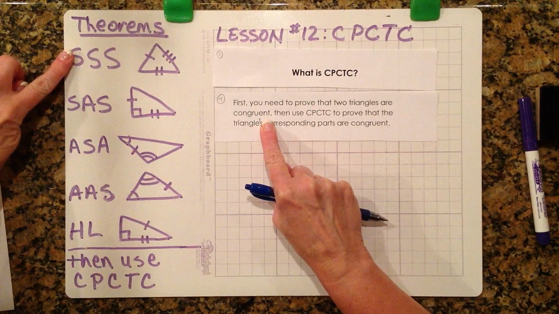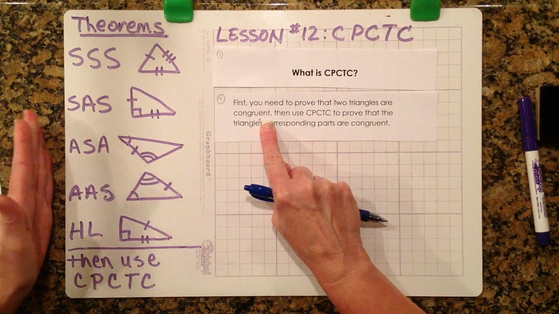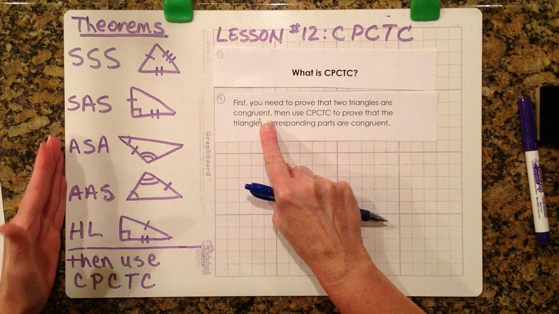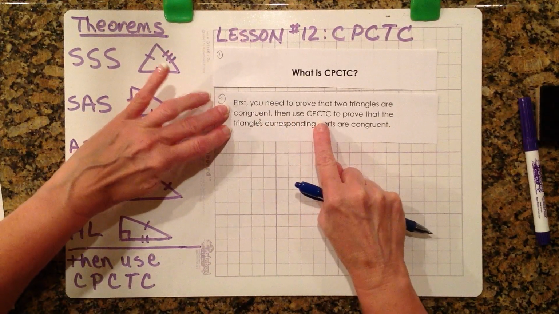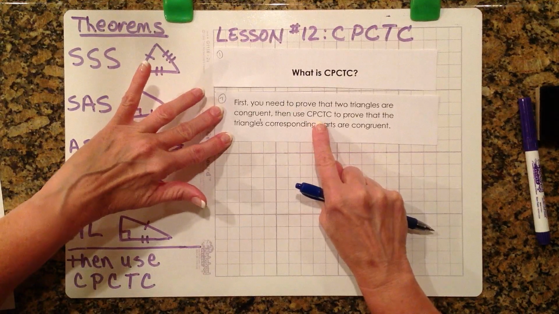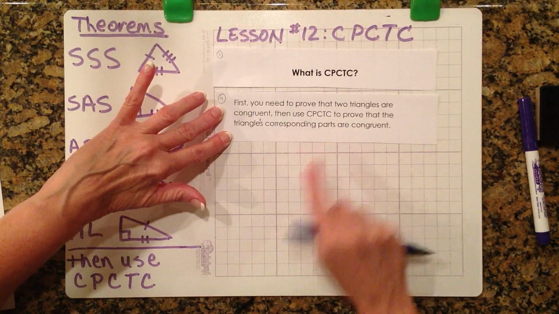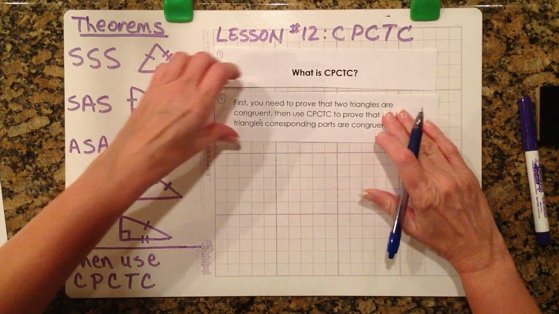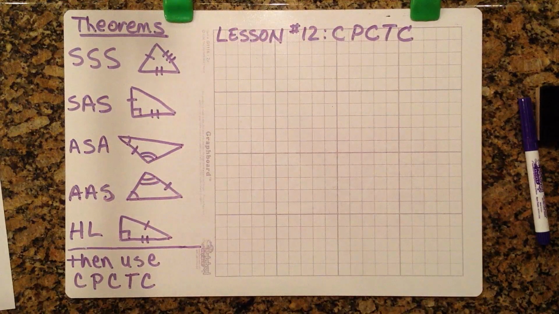You have to first prove they're congruent by one of these 5 theorems, then you can use corresponding parts of congruent triangles are congruent to prove that the corresponding parts are congruent. The best way to explain this further is to do a couple of examples.